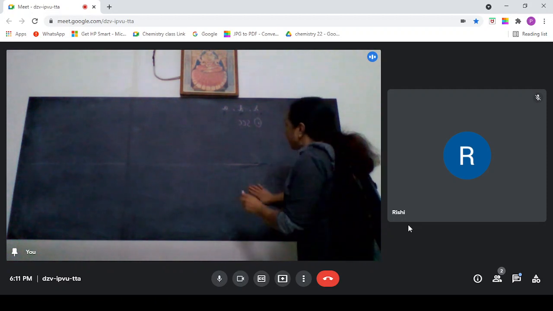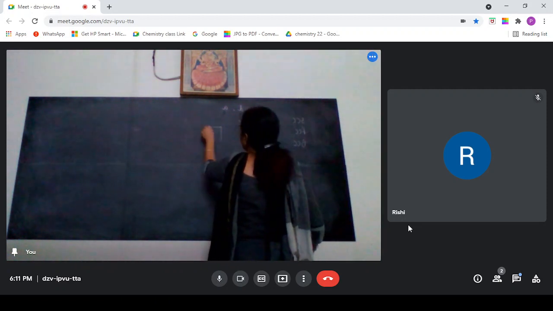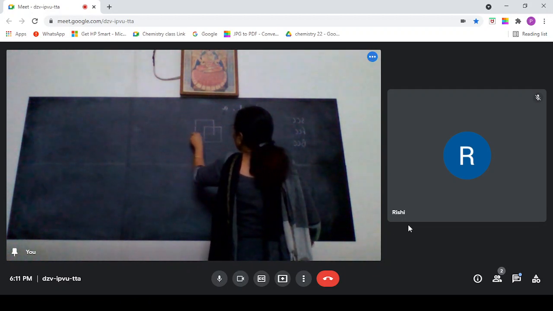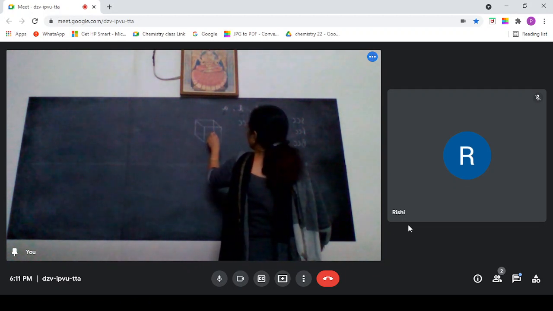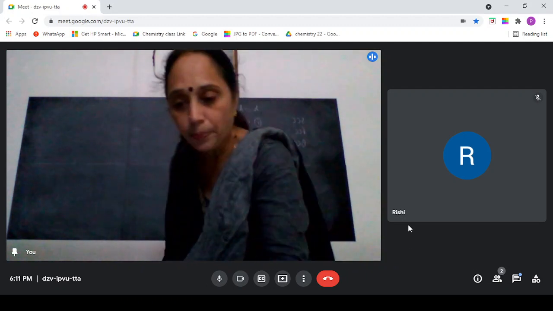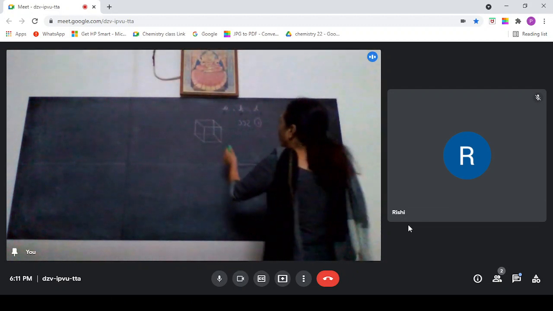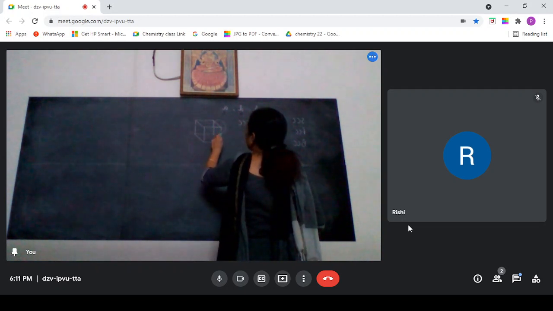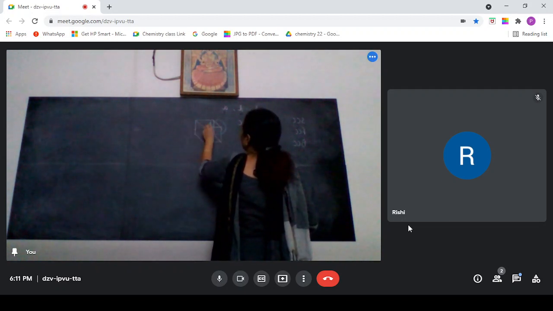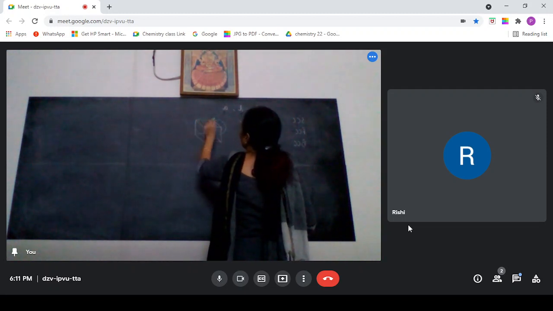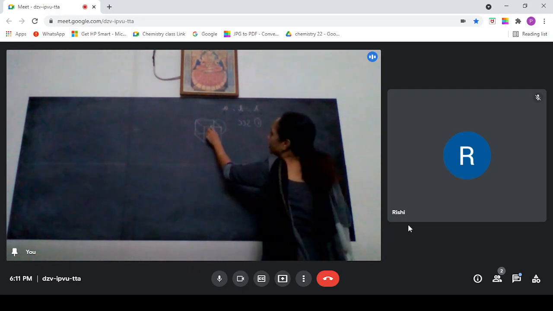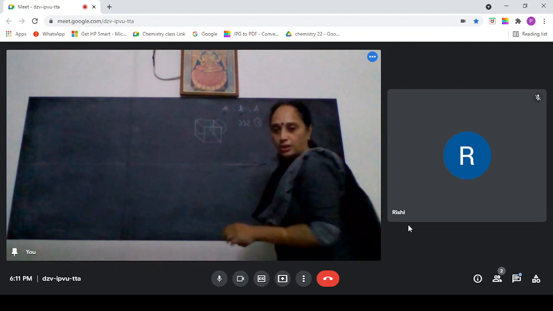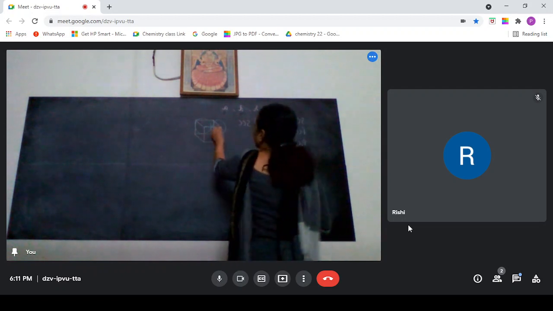Now, simple cube. Write down the cube, Rishi. Write the simple cube. When you write the simple cube, the particles will be like this in a cube. I will just show you only this portion, in some other color.